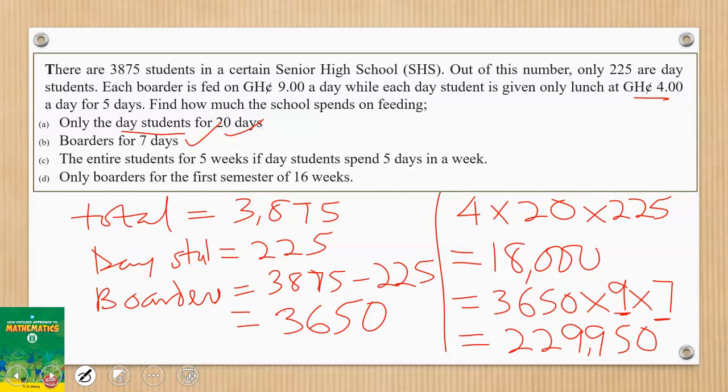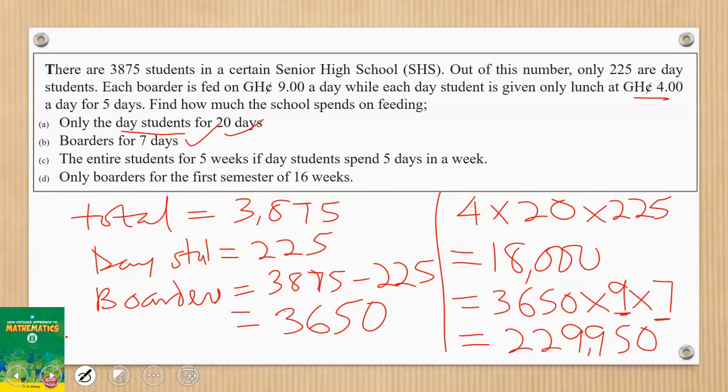Now the third question says that the entire student for 5 weeks, if day students spend 5 days in a week. Now let me bring a new page for this since we don't have space. So for the entire student, first of all, let's remember that the day students, they're talking about 5 weeks, and so for 5 weeks, day students will have 5 times 5 because they have 5 days in a week.